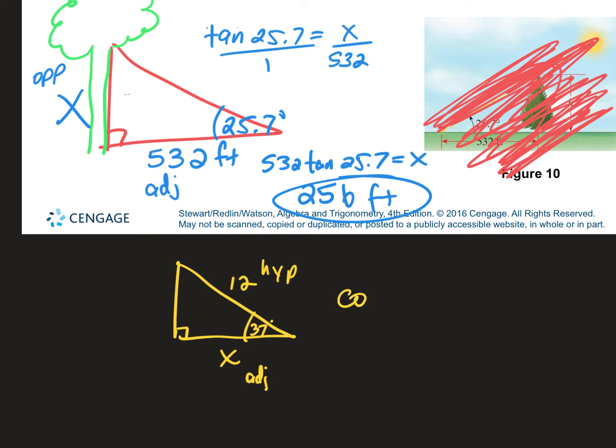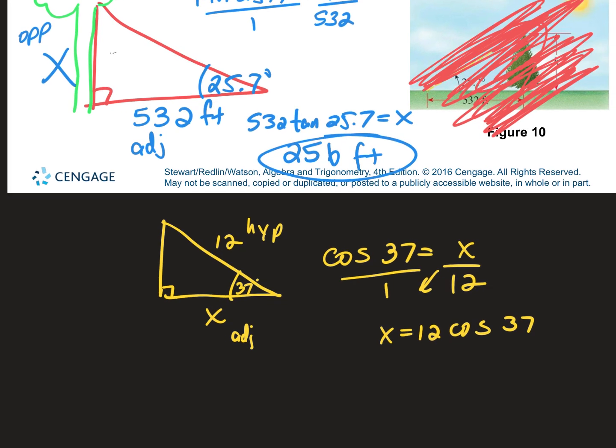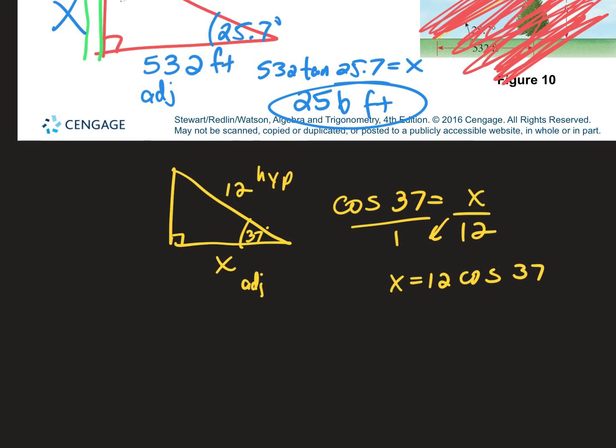Cosine. So I'd say cosine 37 equals adjacent over hypotenuse, correct? How do I solve this? Cross multiply. So we get x equals 12 times the cosine of 37, correct? What is that in your calculator? 9.58. So x is 9.58.